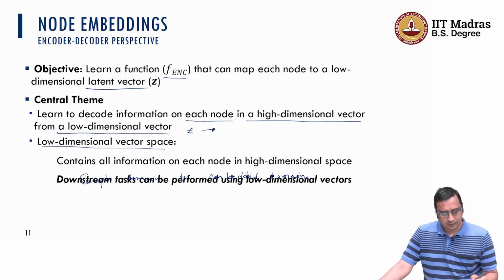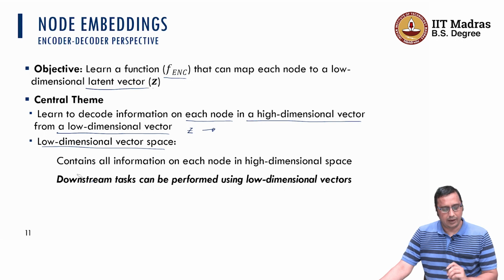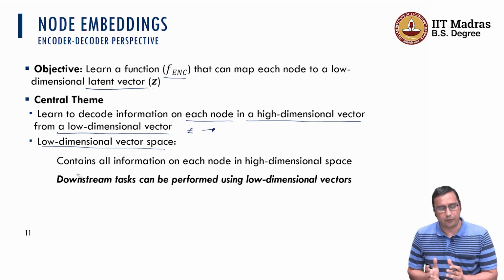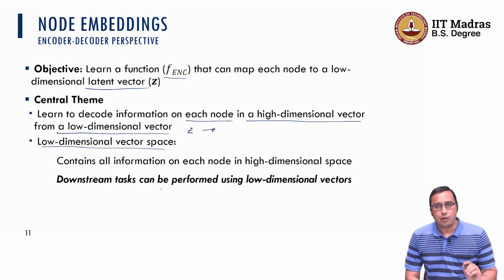Hence, if I have that particular kind of embedding, I can perform downstream tasks using low dimensional vectors. This is similar to what we have learned in dimensional reduction.